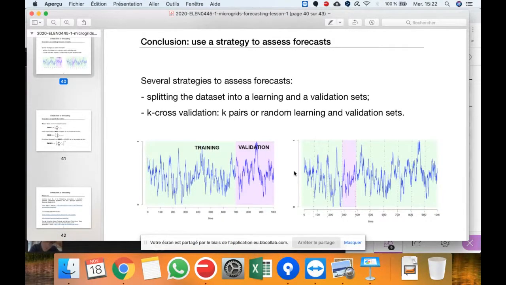So the method you said, using 10 different pairs of random learning and validation sets during 1 year, at the end we would have trained it on the whole year. That way the parameters are not overfitted. That's what we want to try to avoid.